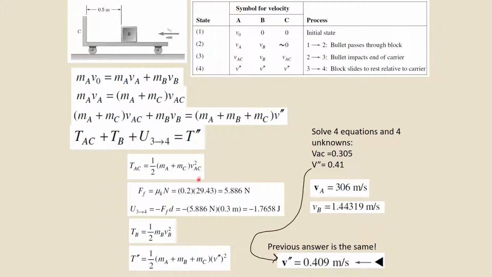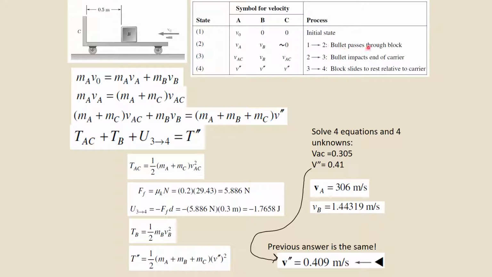So here we go. Crank through 4 equations, 4 unknowns, plug in all of our masses and velocities. There are different intermediate velocities going on, right? So we're going from, what was it, 450 meters per second, and then it zooms through the block to 306, and then it hits the carrier at 1.4, and then the block hits the carrier. But the final state, it's still 0.41. It's the same thing.